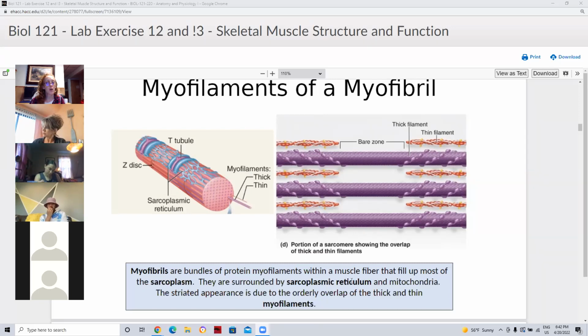Mitochondria are also present here because, for muscle contraction, you need a lot of ATP, and so we have a lot of mitochondria around.